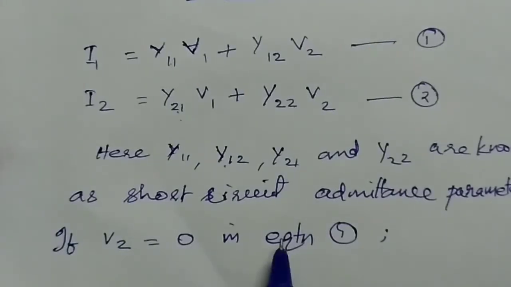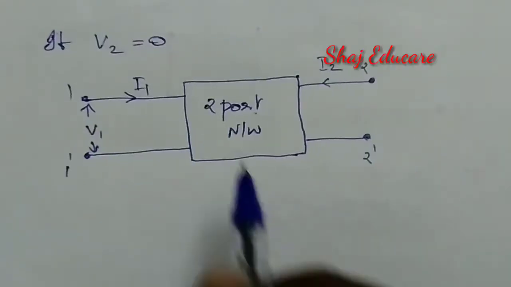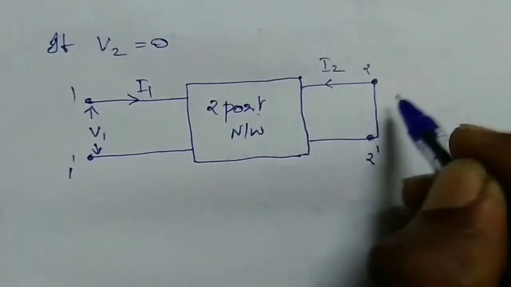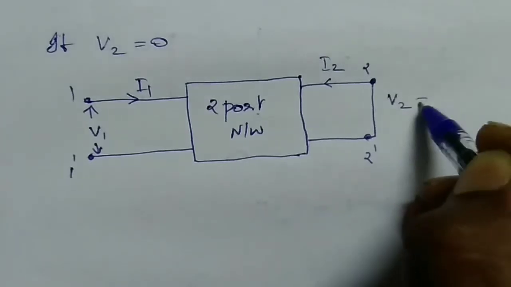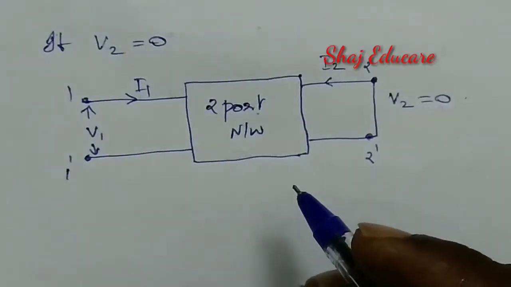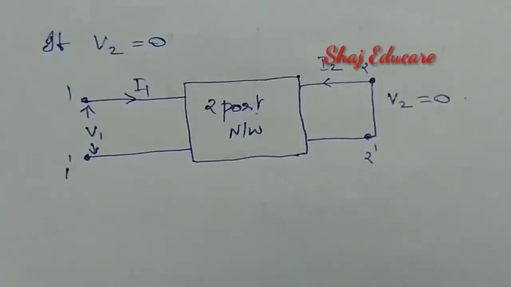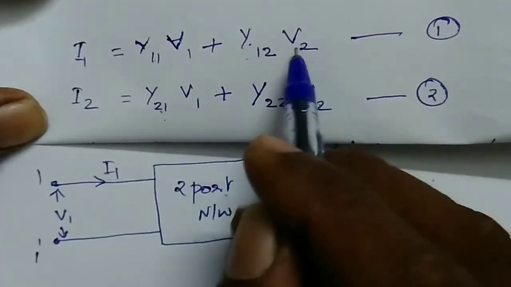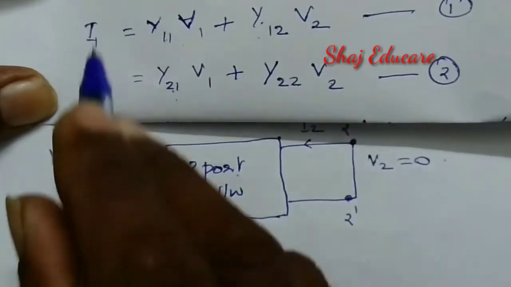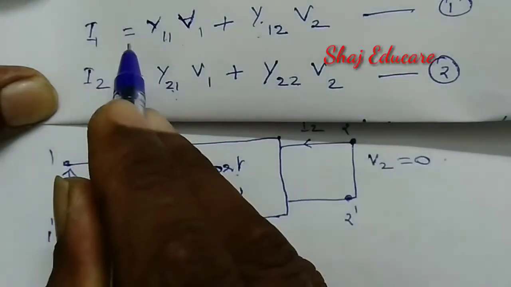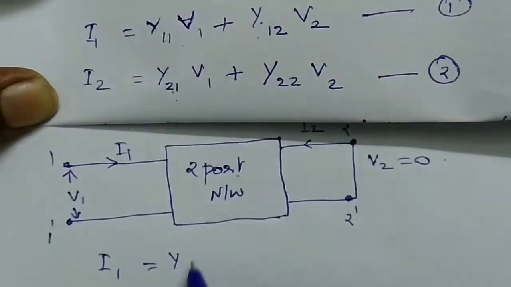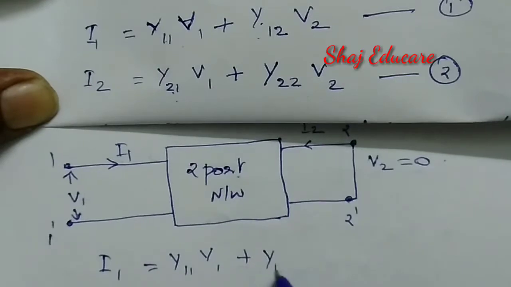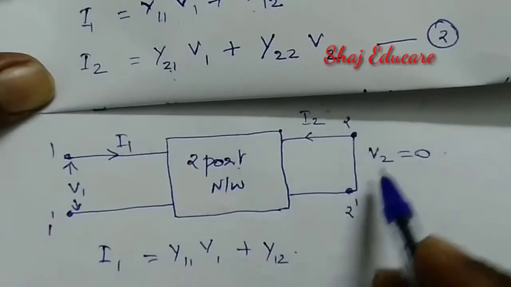If V2 is equal to 0 in equation 1, this will be the situation: the output port 2 dash is short circuited, so V2 is 0. Substituting V2 equal to 0 in equation 1, I1 is equal to Y11 V1 plus Y12 into V2, and V2 is 0 as we have short circuited here.